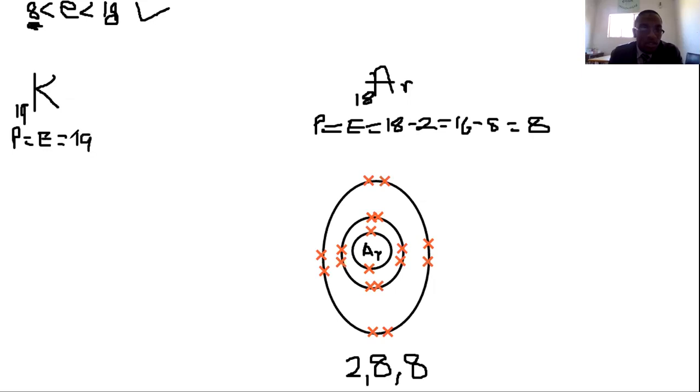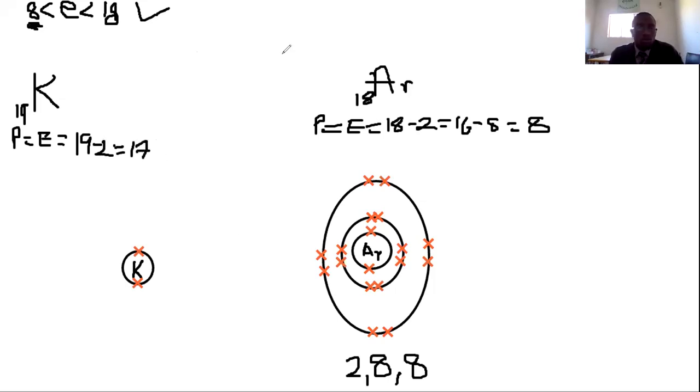Now we want to draw the structure. The first shell, as usual, we'll put 2 electrons. Remember not to leave out the symbol, so it's capital K. We subtract the 2 from the 19, and we remain with 17.